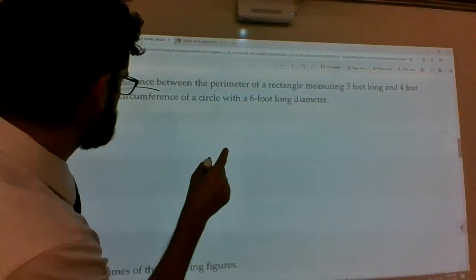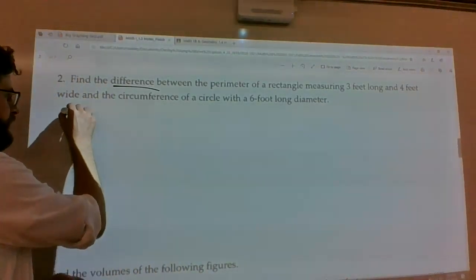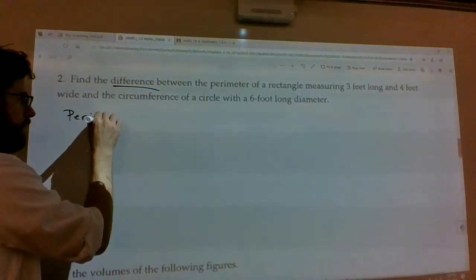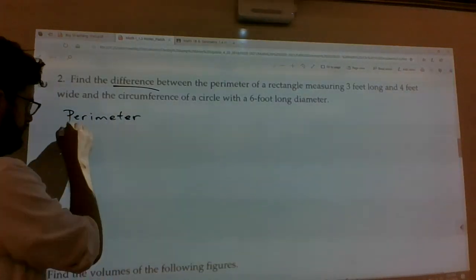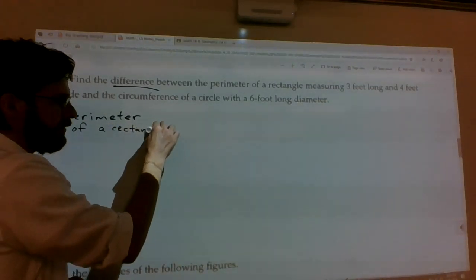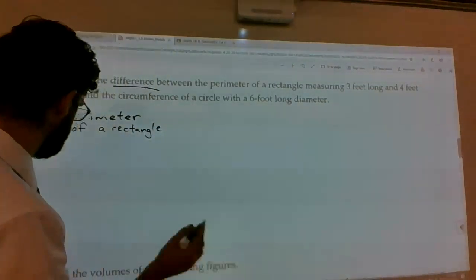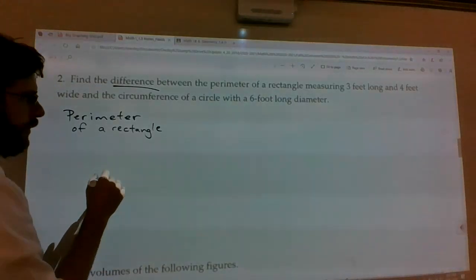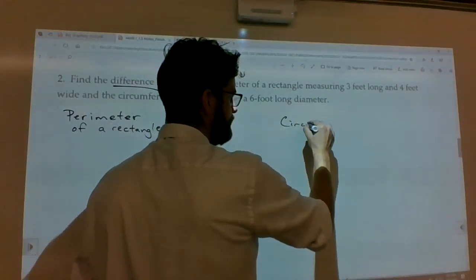All right, so first of all, to unpack this, let's just figure out what the perimeter of a rectangle is. Its formula, if you don't have it memorized yet. And then we'll talk about what the circumference of a circle might be.